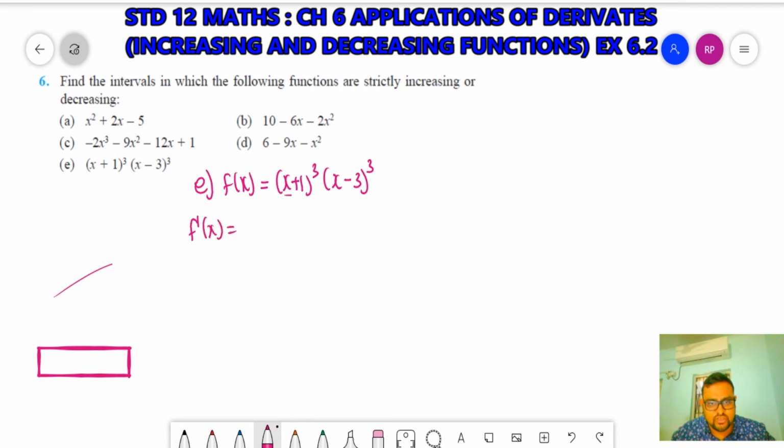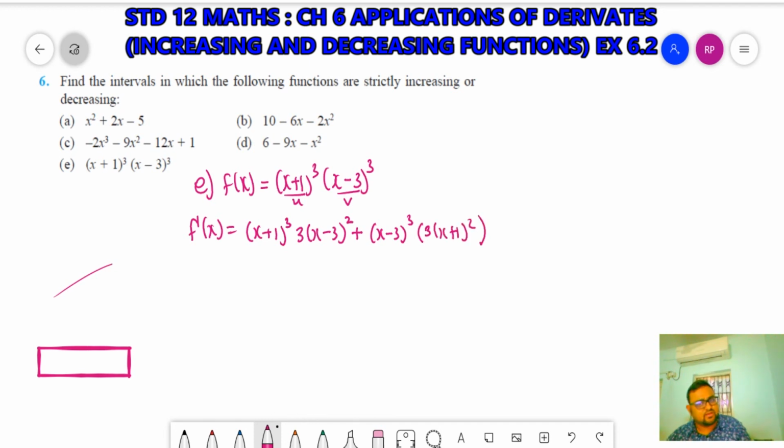I will use the method of u as it is, that means x plus 1 cube as it is, times the derivative of v, 3 into x minus 3 square into d by dx of x minus 3, plus v as it is, times the derivative of x plus 1, that is 3 into x plus 1 whole square into d by dx of x plus 1.